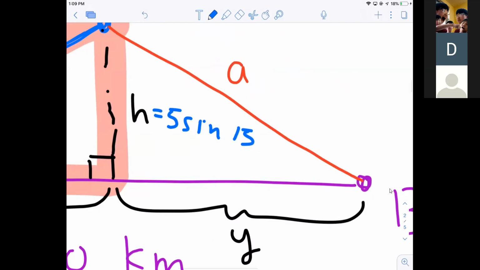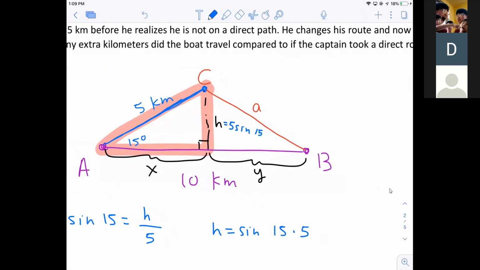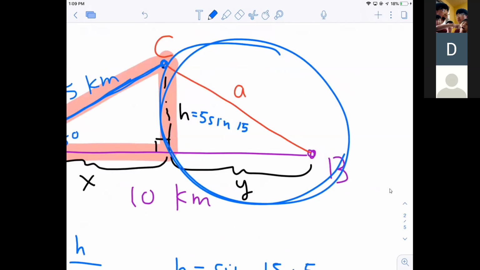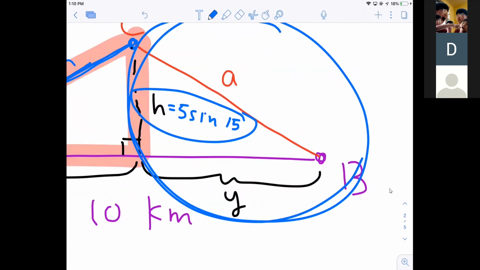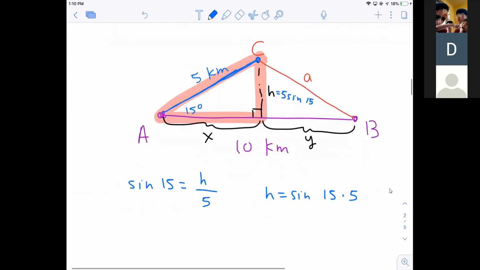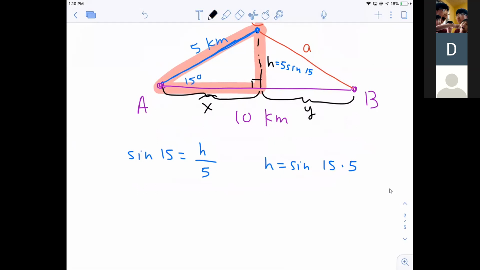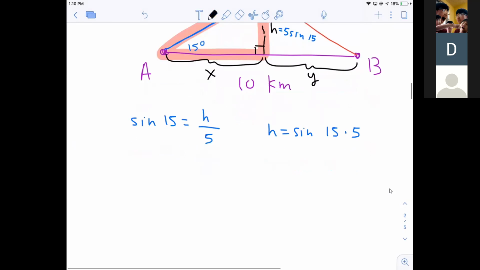And now we need to find the length of Y. Well, looking at this triangle, I really don't have any angles. I don't have enough information. I only have one value in this triangle, which is this height. So I'm going to stick with this triangle still. And let's try to find the length of X, and let's see what that does for us. So if I'm looking for the length of X, I'm going to use cosine.